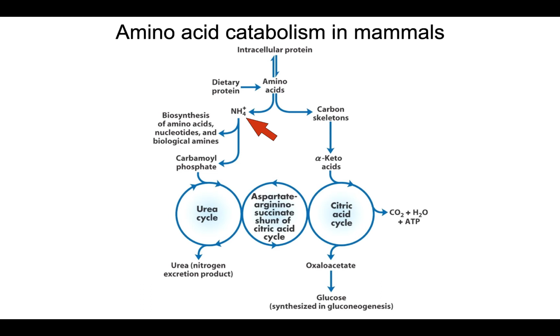Now, if we have an excess of protein in our diet, an excess of amino acids, then they can be used for the biosynthesis of other things, like nucleotides and biological amines and so on.